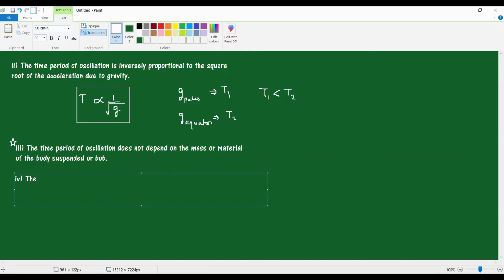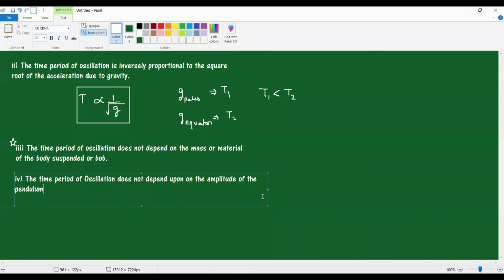So another was the time period, I have already discussed in the previous class. Time period of oscillation does not depend upon the amplitude of the pendulum.